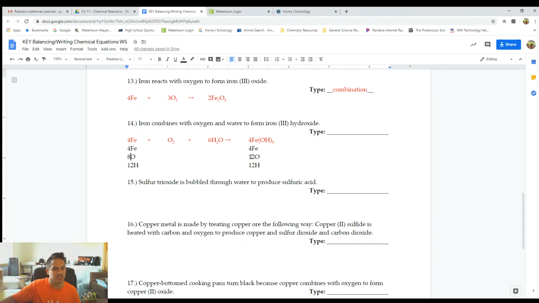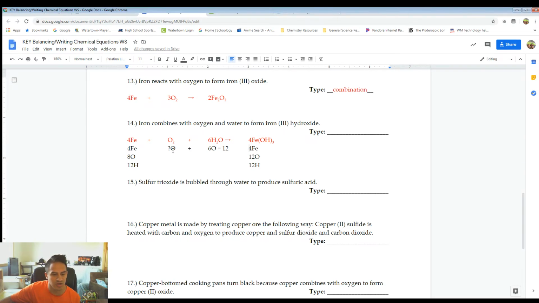However, this is easier to balance because we can put a number in front of this oxygen here, which will then balance this out, and it won't change any other numbers for any element other than just the oxygen. So right now we have 6 oxygens there, plus some number of oxygens here, and those together need to equal 12, because we have 12 on the right-hand side.